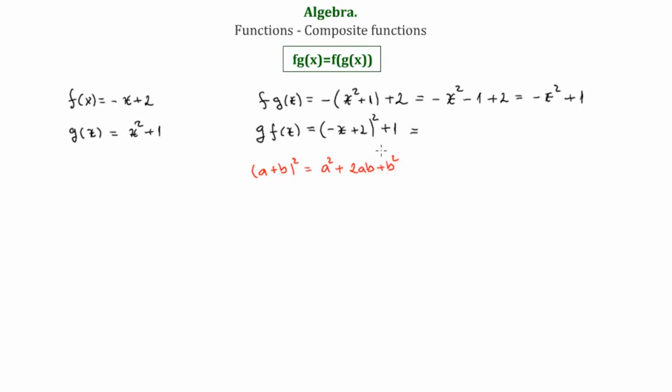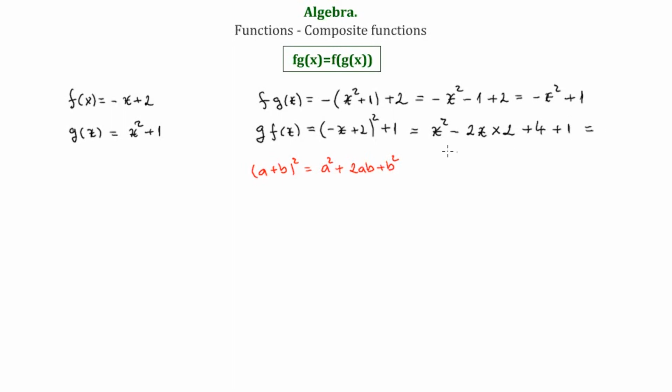So then using this formula, minus x plus 2 will be minus x squared, which is x squared, because minus to the power of 2 gives us plus. Plus 2 times minus x times 2, so then we will have minus 4x, plus 4, plus 1.